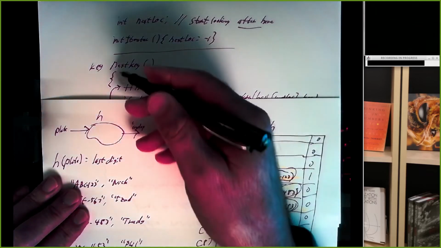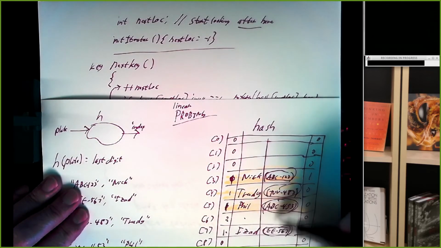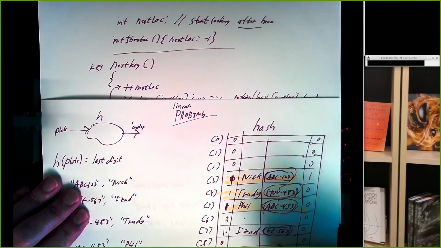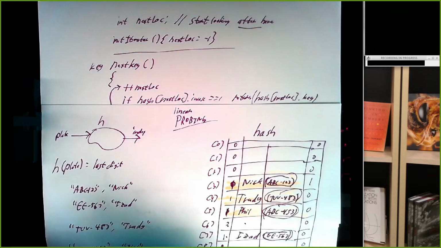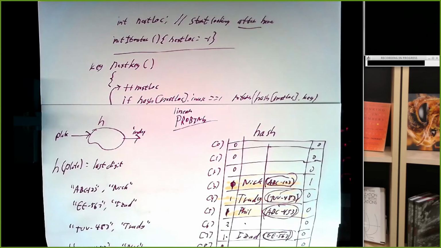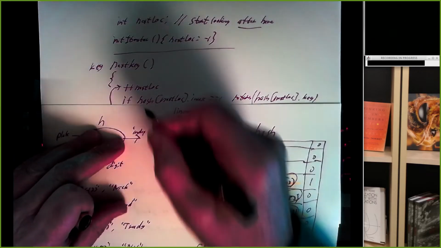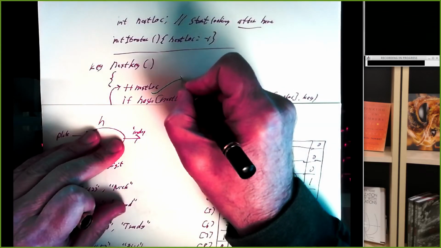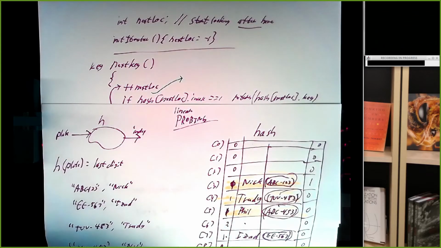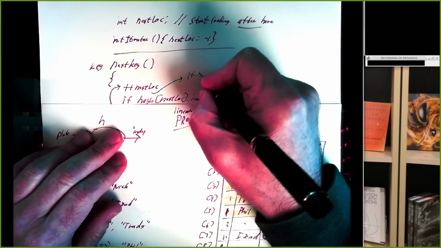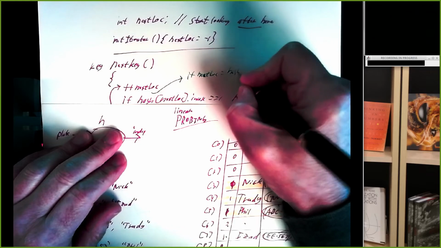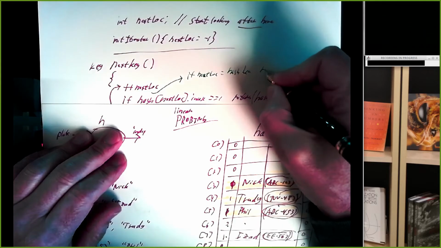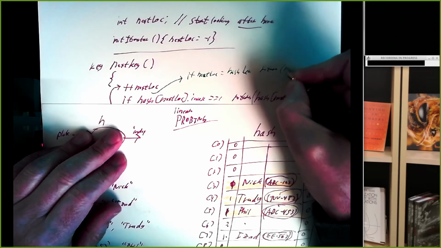So every time I call next key, I'm basically moving to the next location in my hash table that's in use, and returning the key from there. And the only thing that's missing is we don't want to just do this forever. So if next loc equals hash length, then we're done.